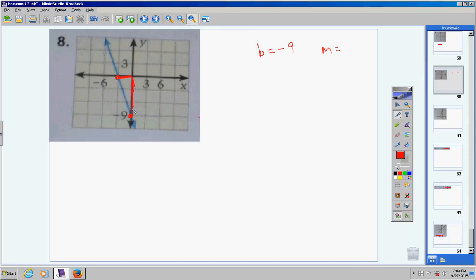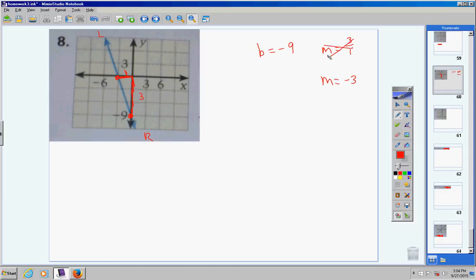Rise over run. Okay, the rise would be 1, 2, 3. The run would be 1. So the slope is rise over run, 3/1. Now going from the left side to the right side, the line is sloping downward, so your slope will be negative. So your slope is really -3.